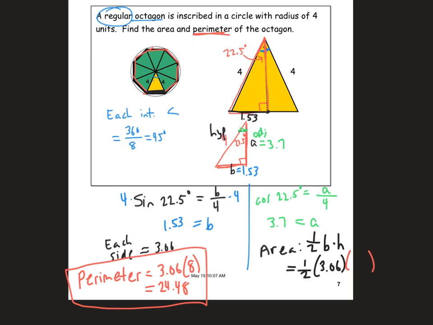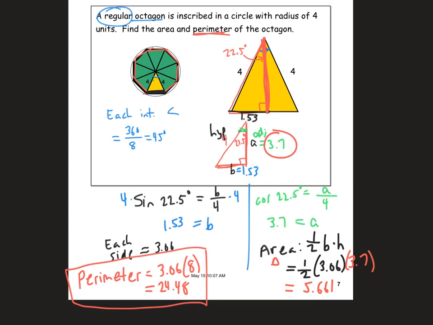The height is the apothem we found, 3.7. So the area of each triangle is 0.5 times 3.06 times 3.7, which is about 5.661.